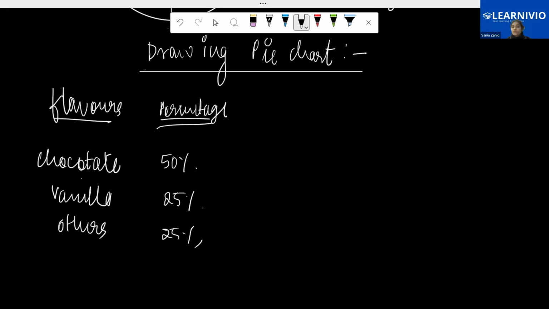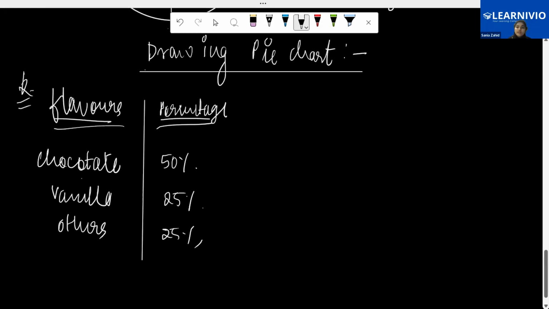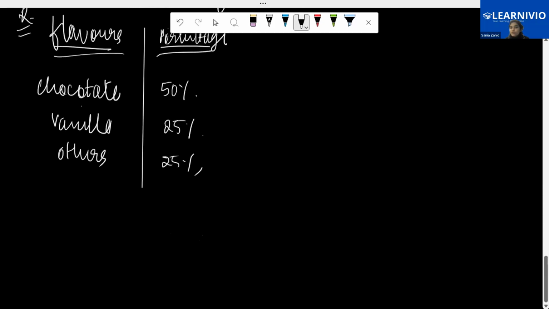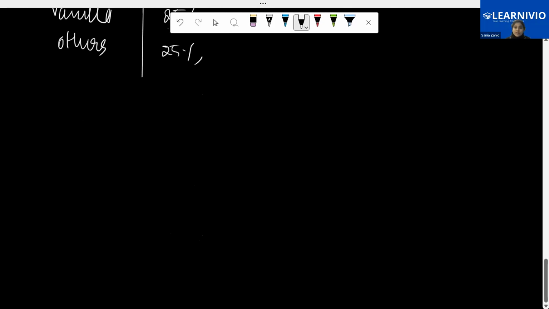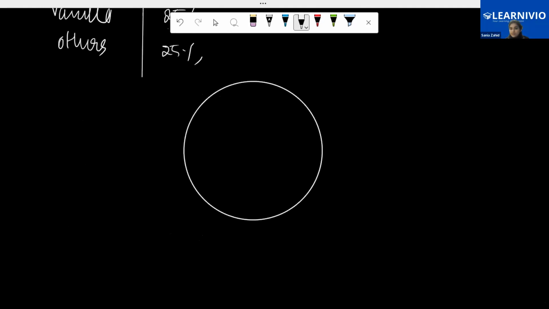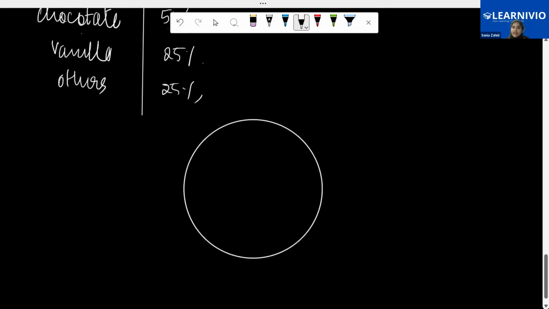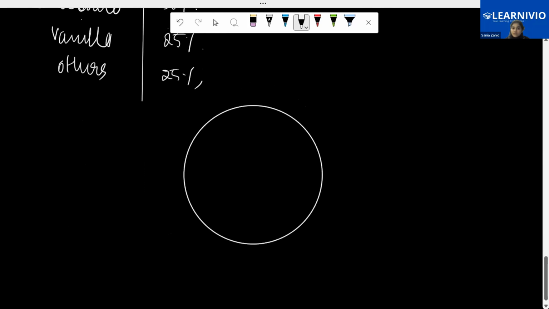Now you need to make a pie chart out of this. This is the question. So how do you make a pie chart? First of all, to make a pie chart, what is the prerequisite? You need to know what amount the particular thing is holding, right? I can directly see that chocolate is 50%. So I have a circle, center point.